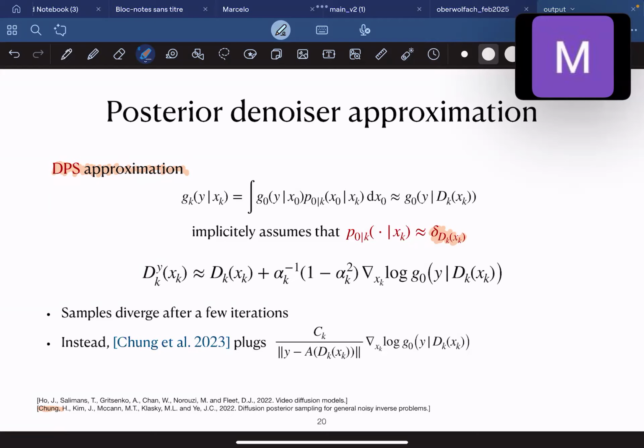So that's one option. I will spare you the implementation details. Of course, you need to rescale the gradient properly if you do not want the algorithm to diverge too quickly.